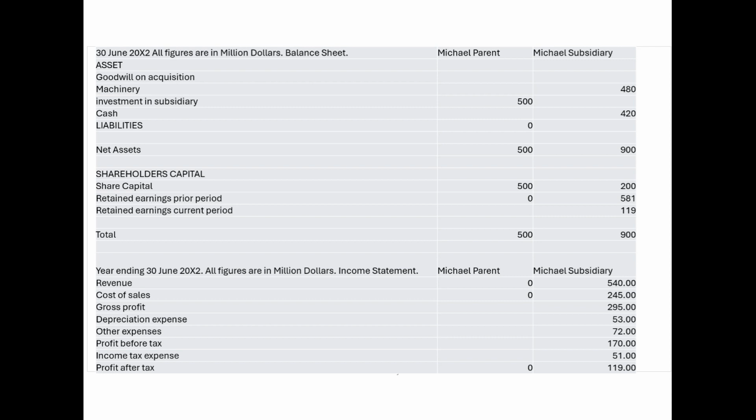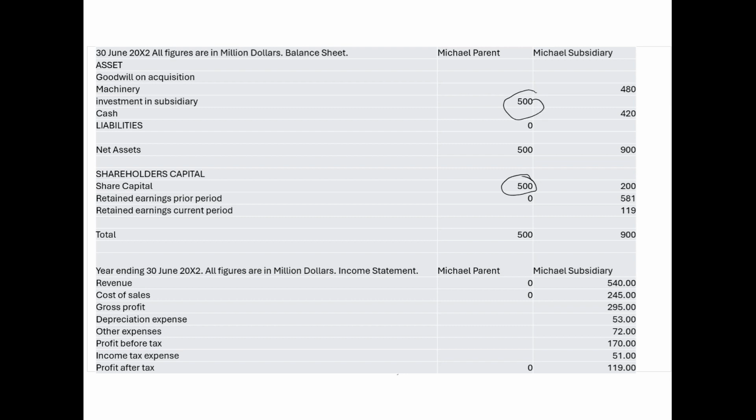On 30th June 20X2, we have the balance sheet and the income statement for Michael parent, and for Michael's subsidiary. We can see that Michael has issued share capital of 500 million and the investment is 500 million.